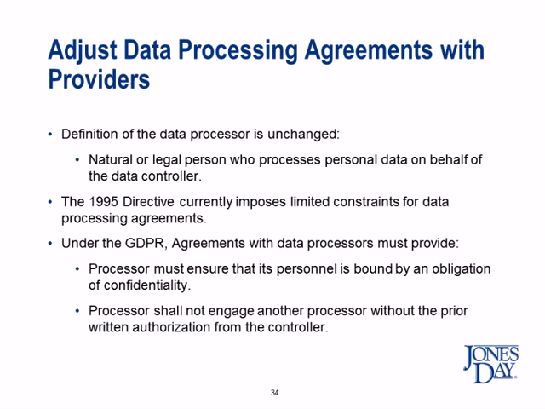First of all, the data processing agreement will have to mention that the processor must ensure that its personnel is bound by an obligation of confidentiality, be it of a contractual or statutory nature. Also, the processor shall not engage another sub-processor without the prior written authorization from the controller.